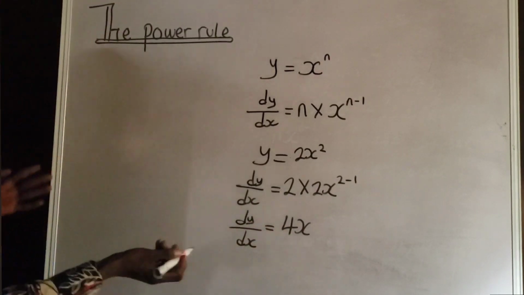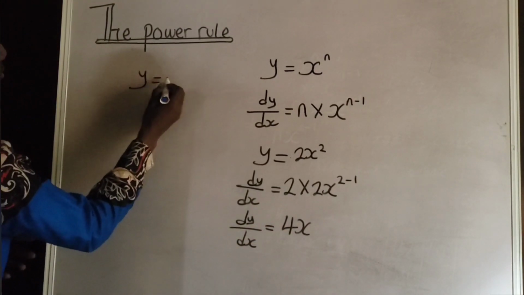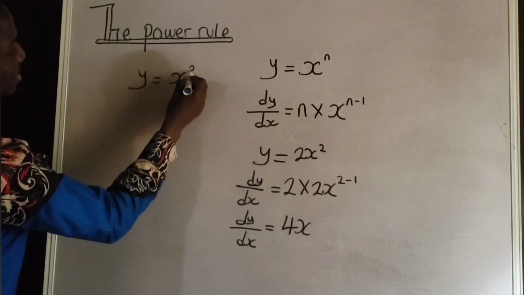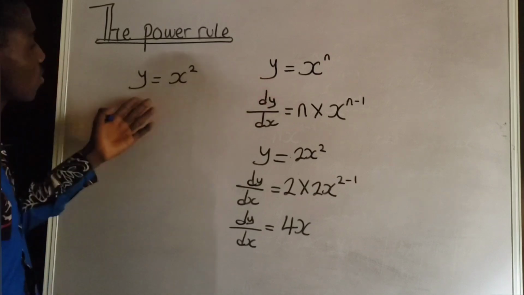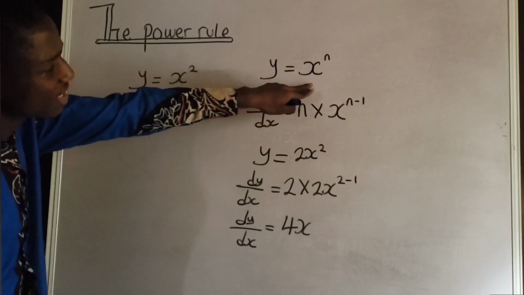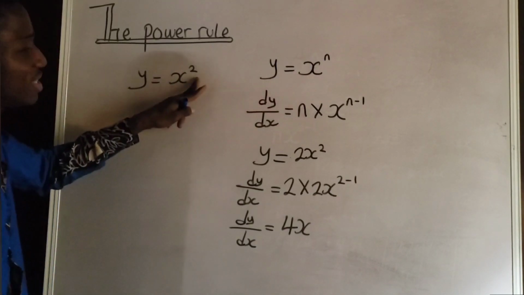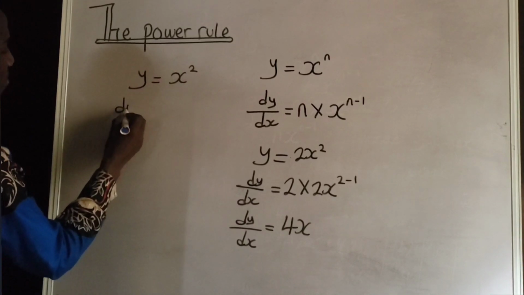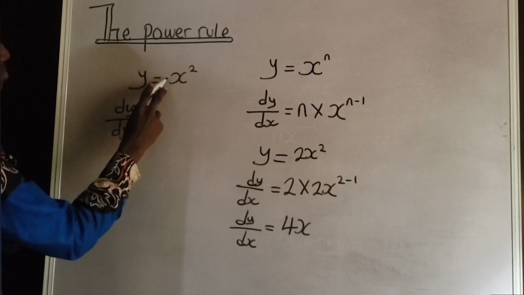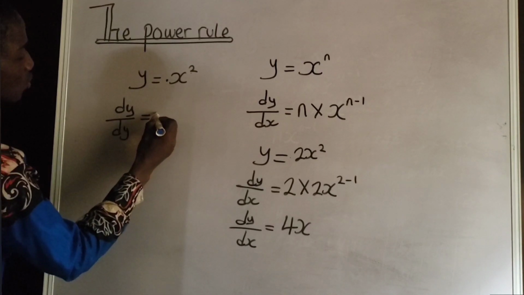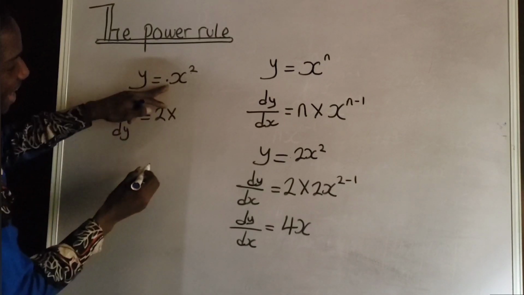Now you can proceed. If you are told to find the derivative of y equals x squared, don't forget that if you compare this function with this function, you can see that n is 2 in this case. So from the power rule, the derivative will be equal to the power, we multiply the coefficient. So I'm going to have 2 multiplied by x.